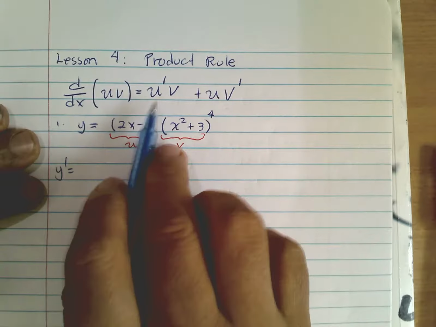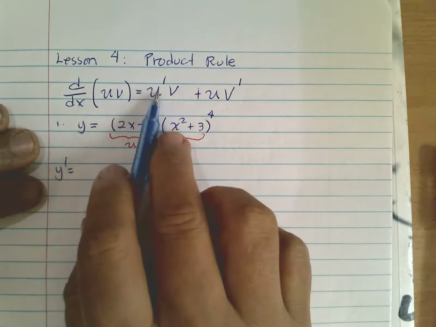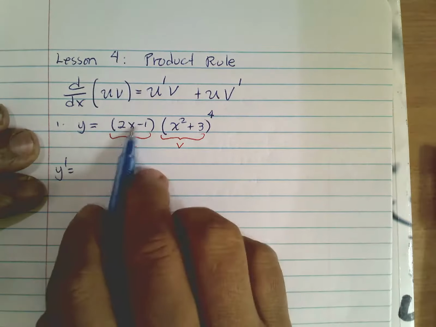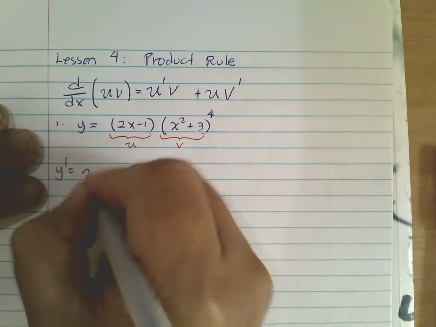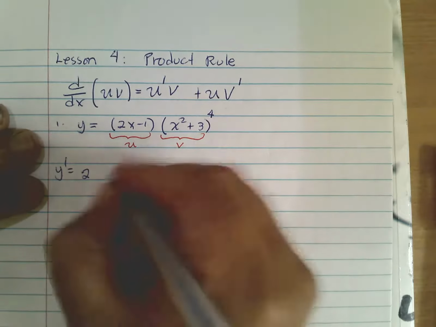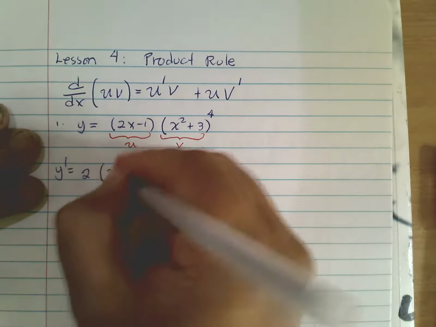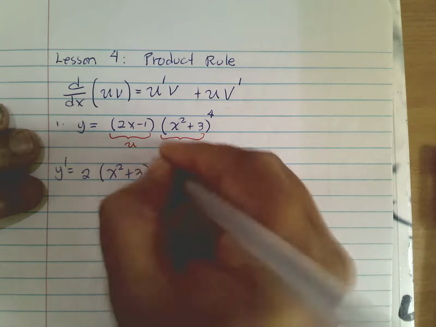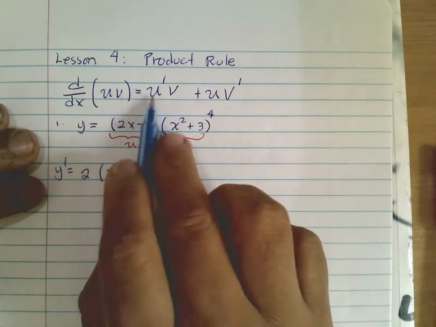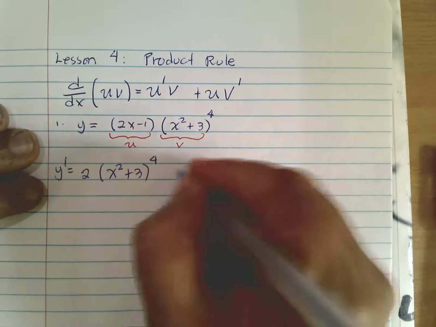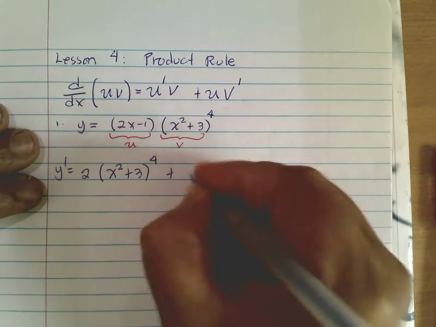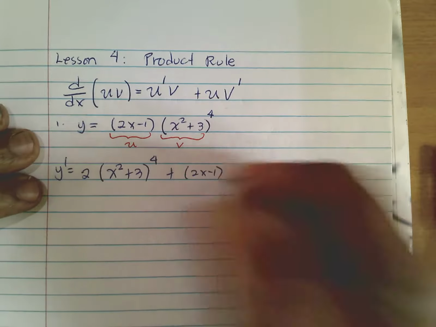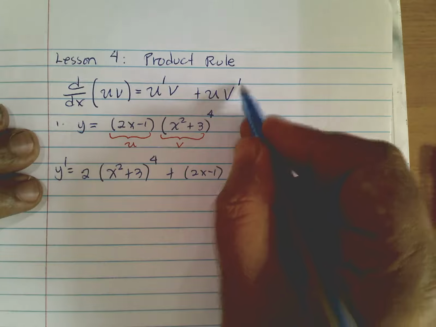Our y prime says u prime, or the derivative of u. What's the derivative of u? The derivative of 2x is 2. The derivative of minus 1 is 0, so we don't need to write that down. Then just copy the v: (x squared plus 3) raised to the fourth. So that is your u prime v, plus your u, which is 2x minus 1, times the derivative of your v.